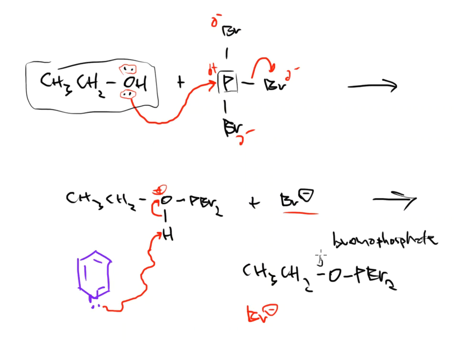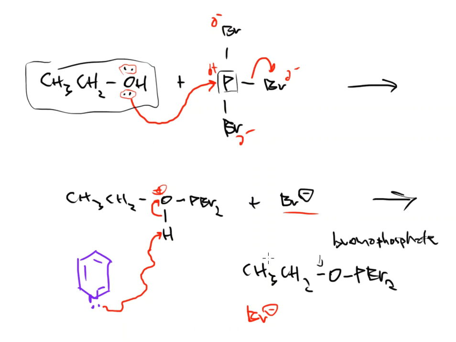And that bromine is out there, and that bromine says, hey, I know I'm not the prettiest thing, but would you like to have a relationship with me? And that carbon says, absolutely. That OPBr2 is such a good leaving group, which means that it's so ugly that carbon doesn't want anything to do with it, with a 10-foot pole.